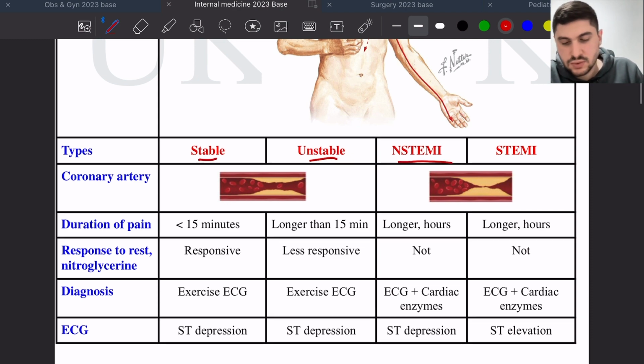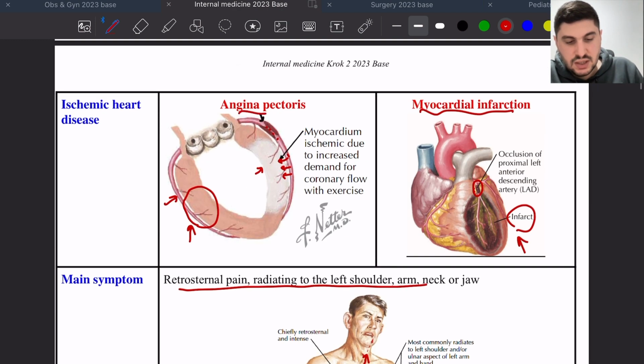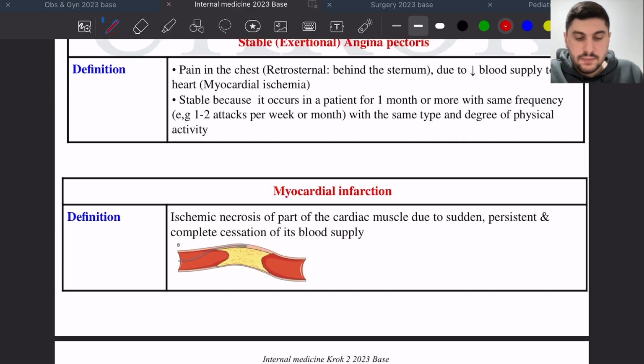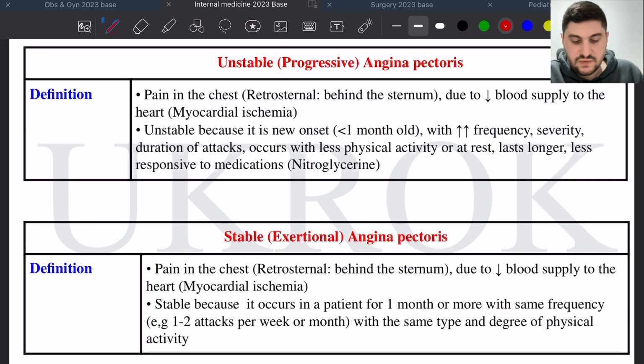Here we also have different types of angina pectoris, stable or unstable. Let's talk about them. Stable angina pectoris occurs in a patient who is already diagnosed with angina pectoris, and he has it for months or for years, and he lives with it. He knows when the pain will arise, on which type of physical activity, on how much effort, and he knows how to relieve it.